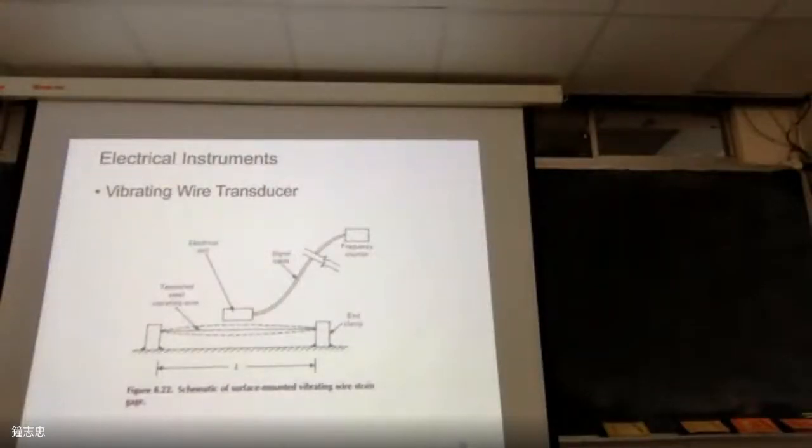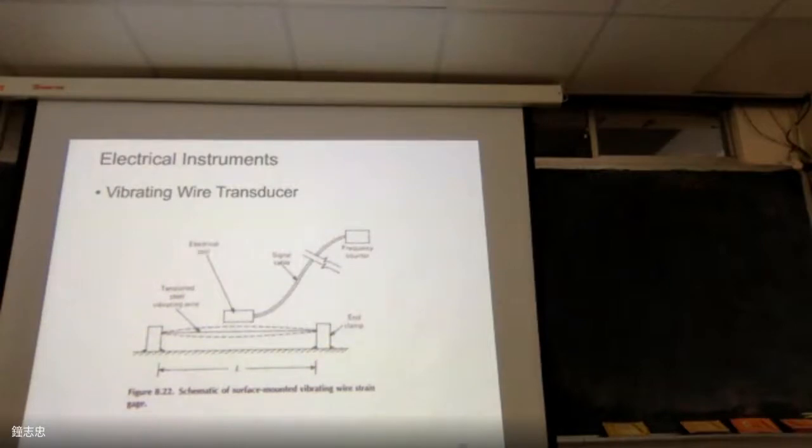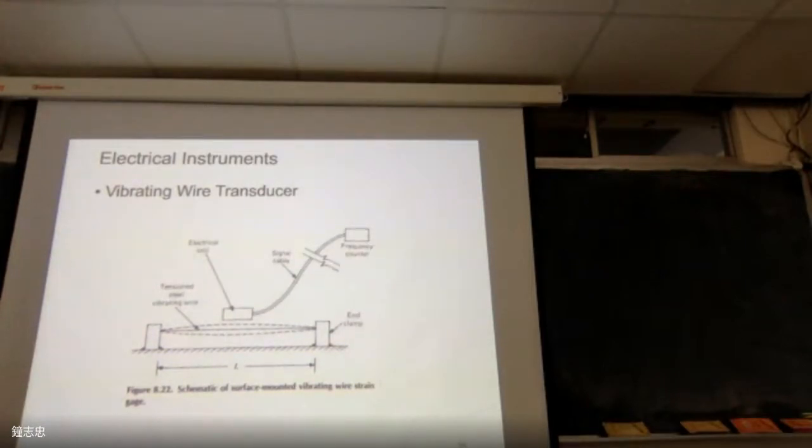I just want to count number 1, number 2, number 3, number 4. So for the vibrating wire, I can easily get the frequency. Just count. I don't need to quantify the level of the results. So let you guys think about what is the advantage of the vibrating wire sensor.